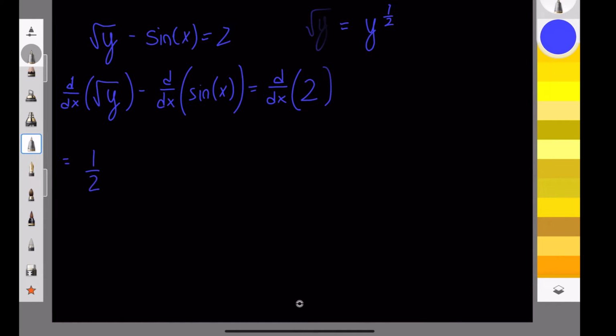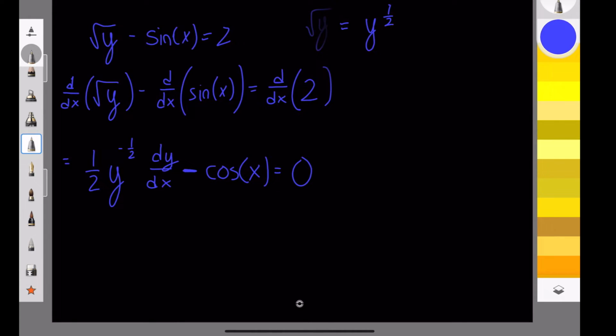So you bring the top down, subtract 1, and that gives us this. And remember, we're doing the derivative of y, so we need to leave behind a dy dx. What's going on next? Well, it's the derivative of sine of x, and that's cosine x, is equal to 2. Oh, sorry, is equal to 0 because 2 is a constant.